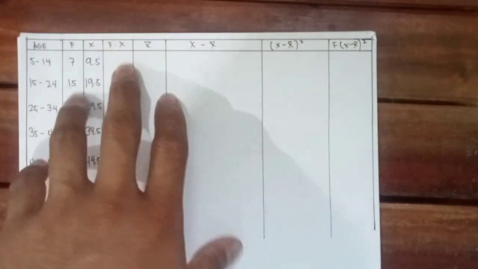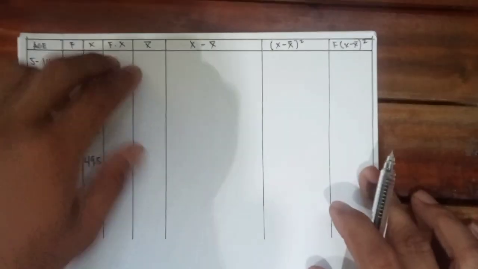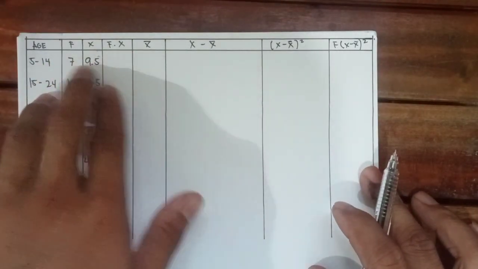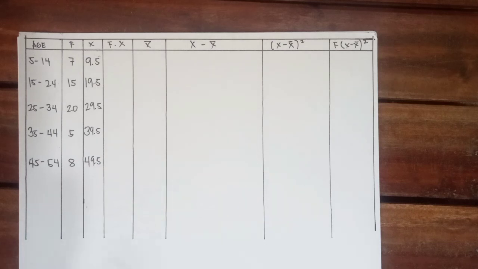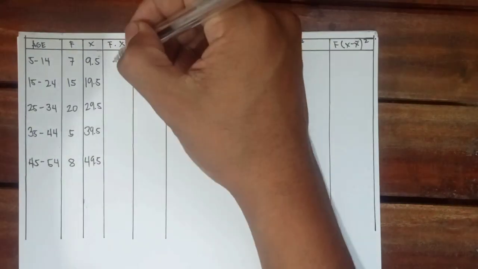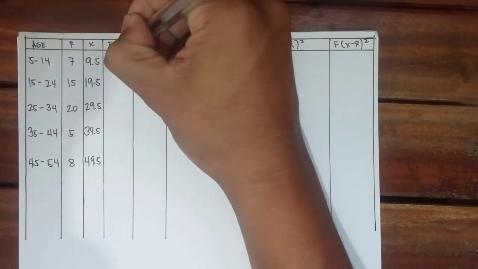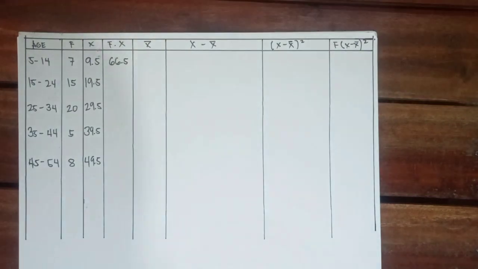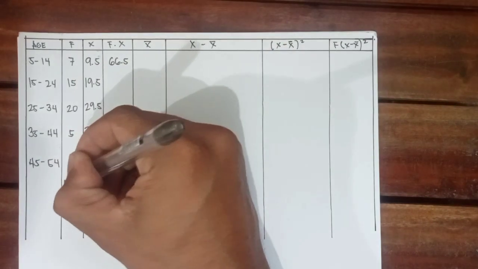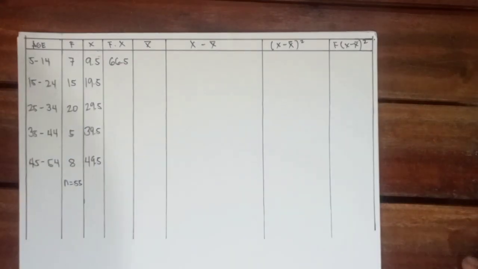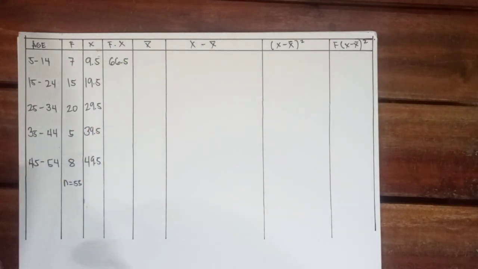So paano ba para makuha natin yung mean, kailangan natin itong i-times sa f. So 7 times 9.5 is equal to 66.5. Continue the process.